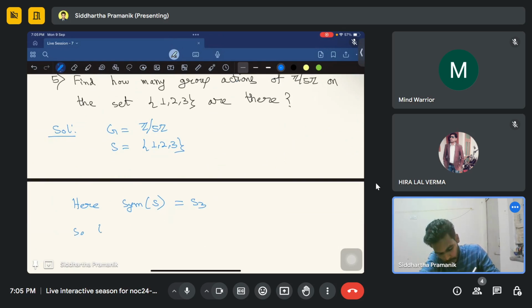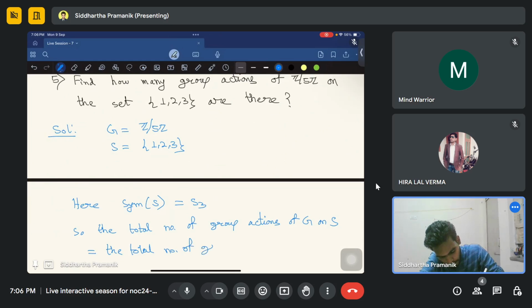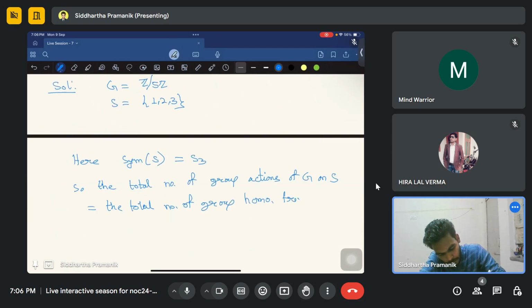So the total number of group actions of G on S is equal to the total number of group homomorphisms from G, which is Z mod 5Z, to S3.